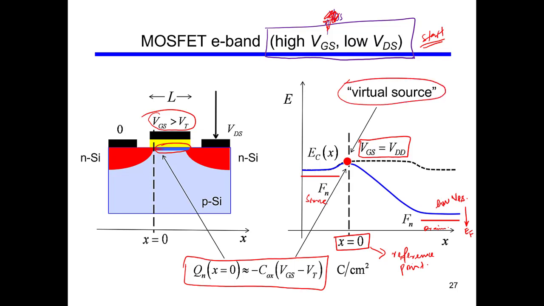This reference point is important because this simple equation, that the charge in the channel is equal to Cox times VGS minus VT, holds there, at x equal to 0. So this is our reference point at which the charge in the channel is for sure Cox times VGS minus VT.